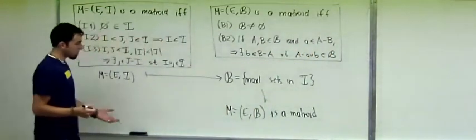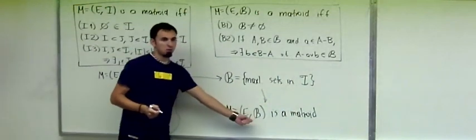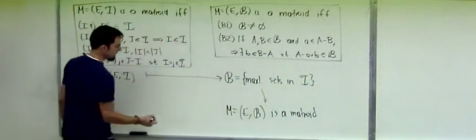But this goes the other way around. If instead I give you a matroid in terms of the bases, then you can tell me what the independent sets are.